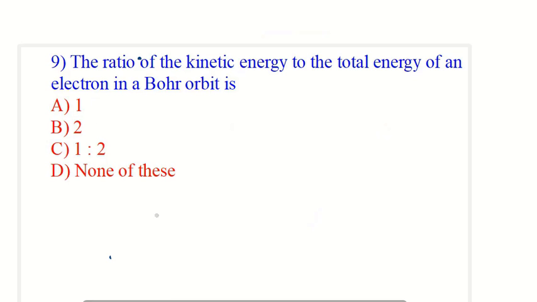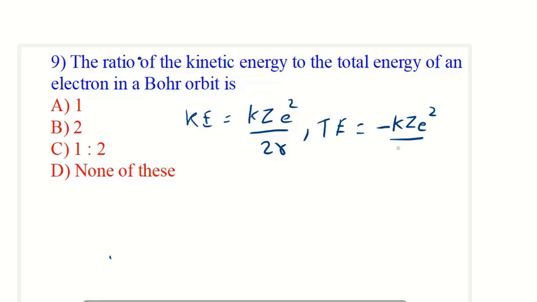Next, number 9. The ratio of the kinetic energy to the total energy of an electron in a Bohr orbit is? First of all, we write the expression for the kinetic energy, which we already wrote in the previous case. So kinetic energy is equal to K Z E square upon 2R, while total energy TE is equal to minus K Z E square upon 2R.